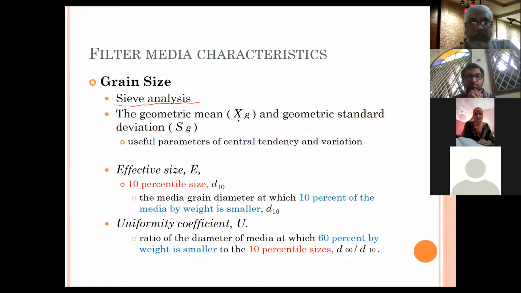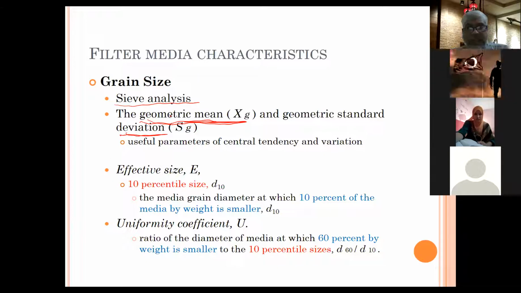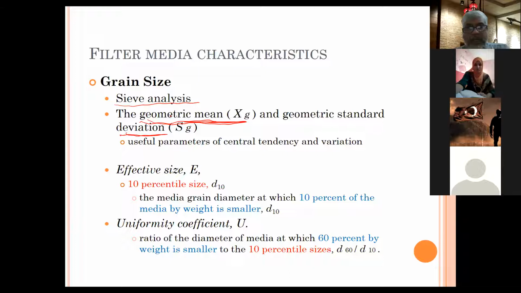For sieve analysis, we use the geometric mean and geometric standard deviation. They are a little bit different from the normal mean and standard deviation. The geometric mean tells us the central tendency, what the majority of particles in the sample are, and the standard deviation tells us how much the other particles vary from the mean.